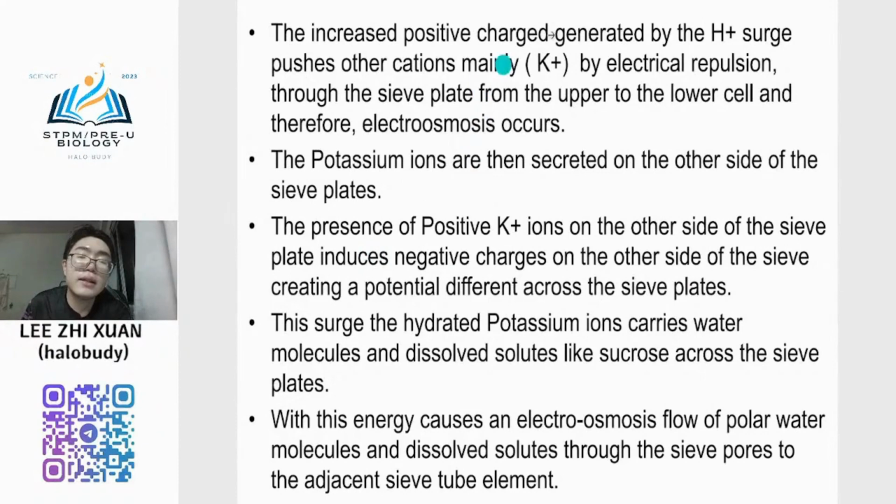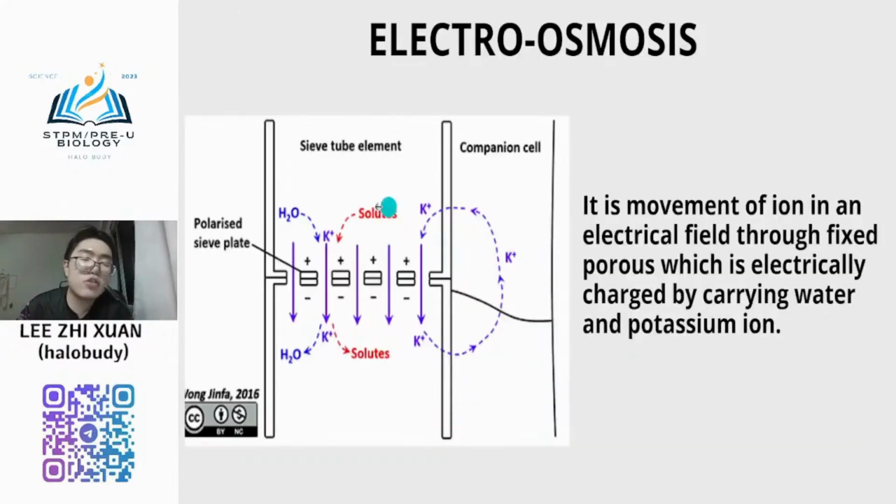This increased positive charge pushes other cations, mainly potassium ions, by electrical repulsion through the sieve plate from the upper to the lower cell, and therefore electroosmosis will occur. The potassium ions are then secreted on the other side of the sieve plate, and the presence of potassium ions on the other side induces a negative charge there. So it is like playing the charge between the sieve plate.